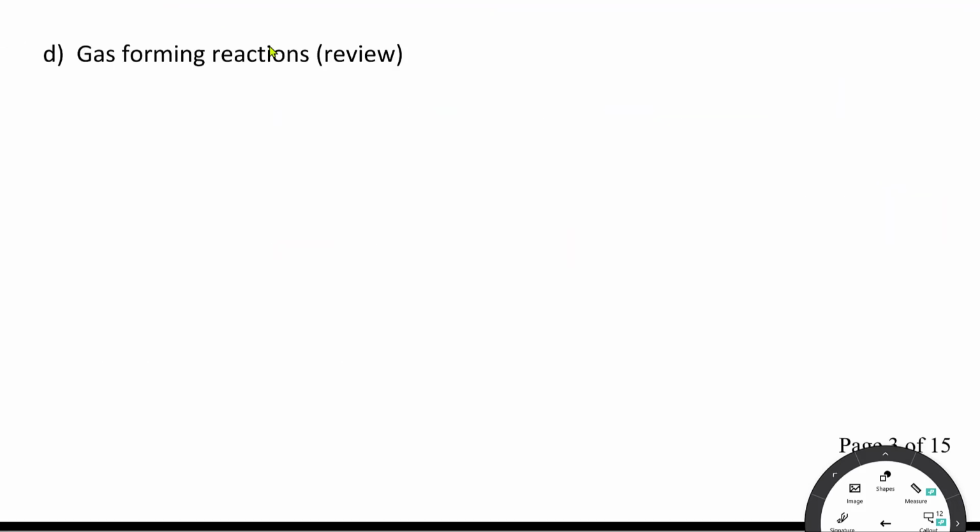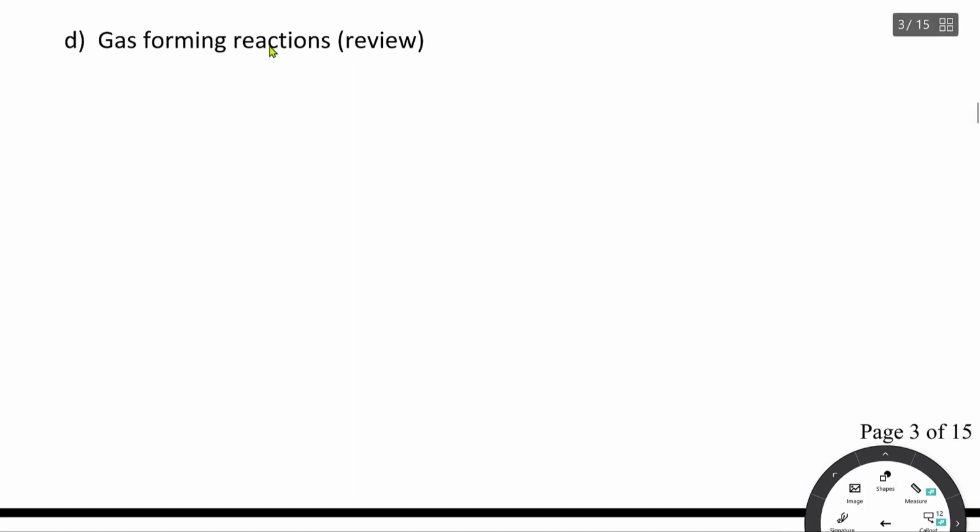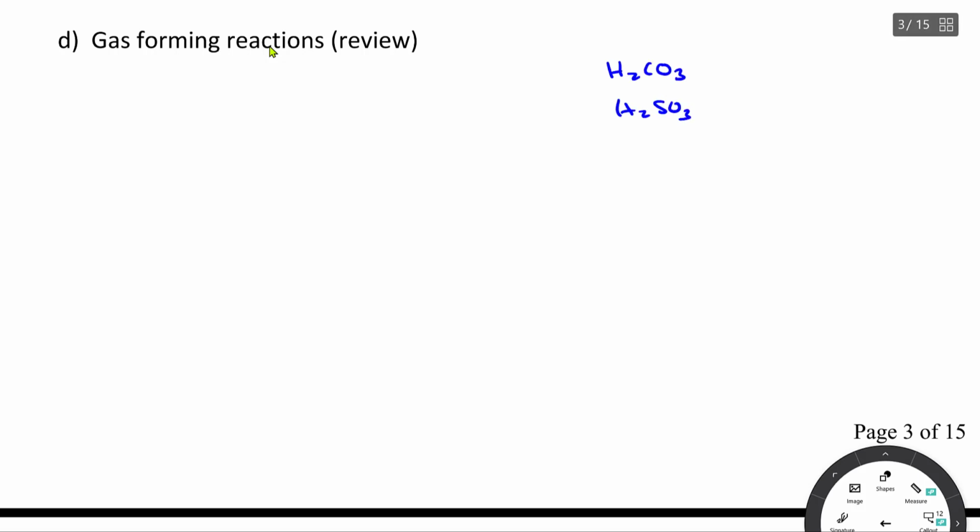We should also review the gas-forming reactions that acids participate in, and this comes again out of our reactions chapter. If you form any of these products, H2CO3, H2SO3, and NH4OH, you'll form a gas.